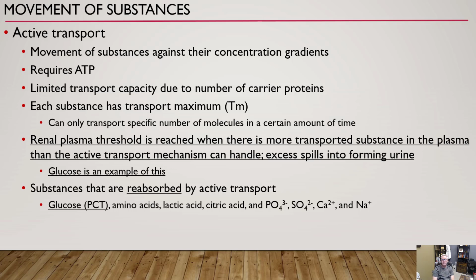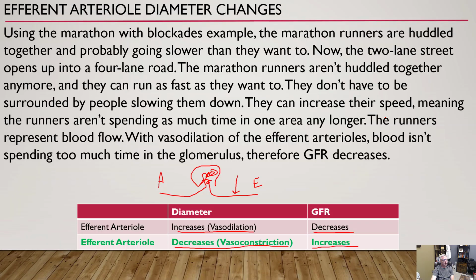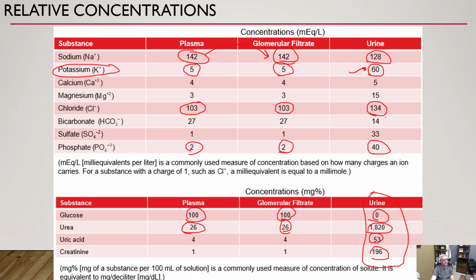And we actually see this when we are diabetic. If we have glucose, typically we don't see glucose in the urine. We reabsorb all of our glucose. And if we go back up to wherever that chart was, here, typically we don't see glucose in the urine.